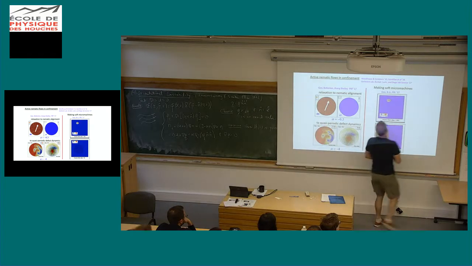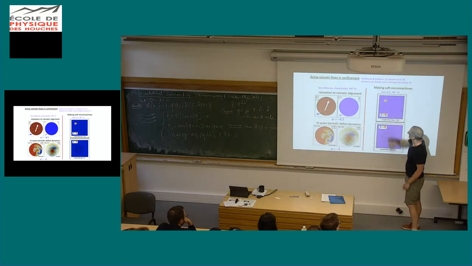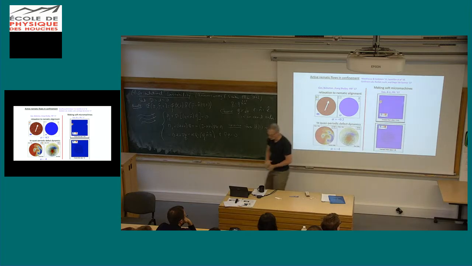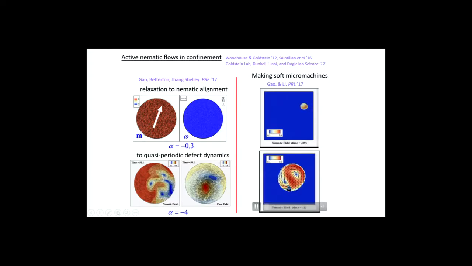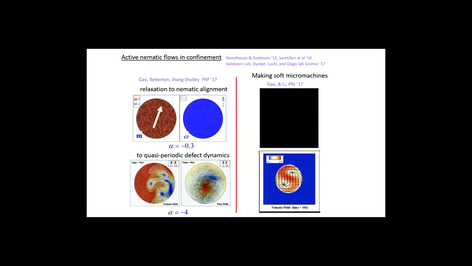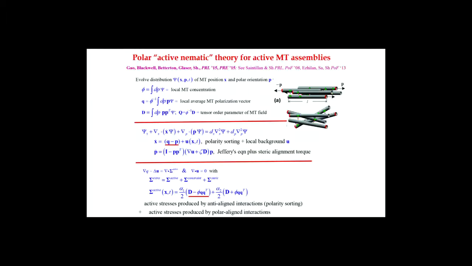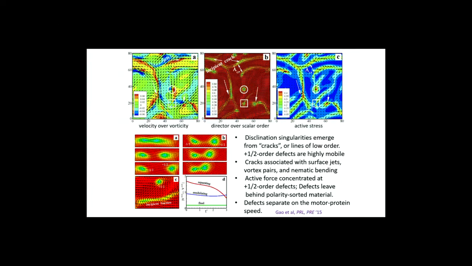Because of defect dynamics inside of it, you can make little objects that propel themselves around, which is kind of cool. Or you can make little washing machines and throw your micro socks in there. Okay. Things like that. I don't think I'm going to talk about this. That's older work.